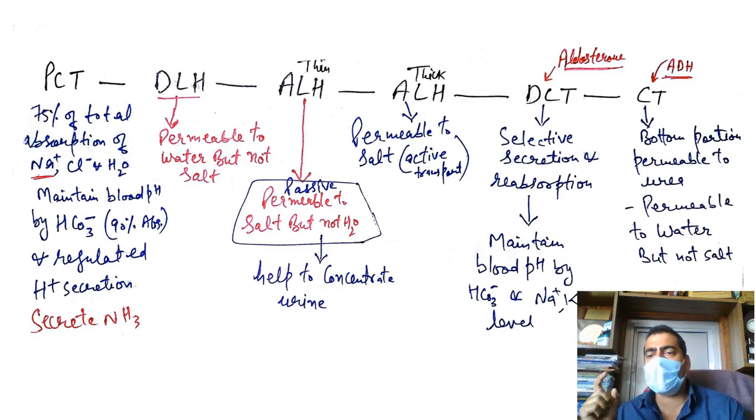And then there is another hormone, antidiuretic hormone, ADH. This hormone acts on the convoluted tubule. It helps in the permeability of urea, permeable to water but not salt.